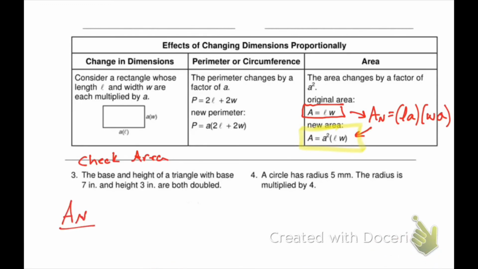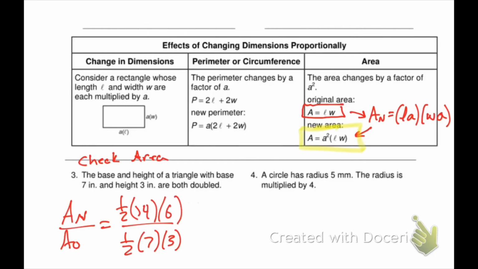Area new over the area of the original. So 1/2, 7 times 3, and then 1/2, 2 times 7 is 14, 2 times 3 is 6.